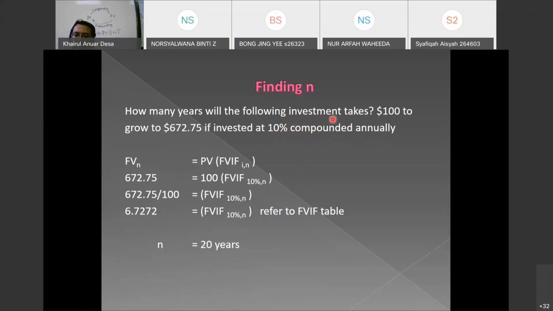So here the keyword is compounded. Compounded annually. Nampak sini, compounded and annually. So compounded here means future value.